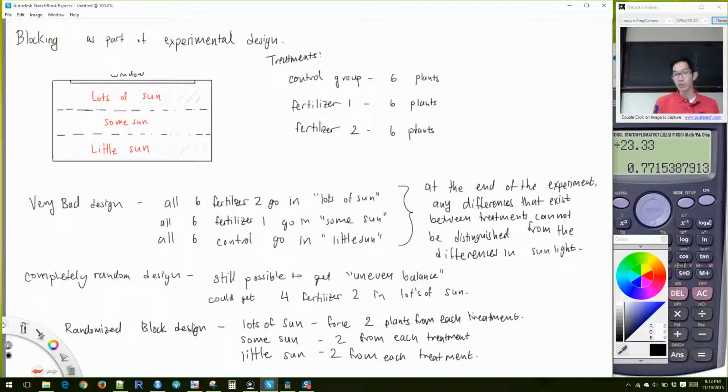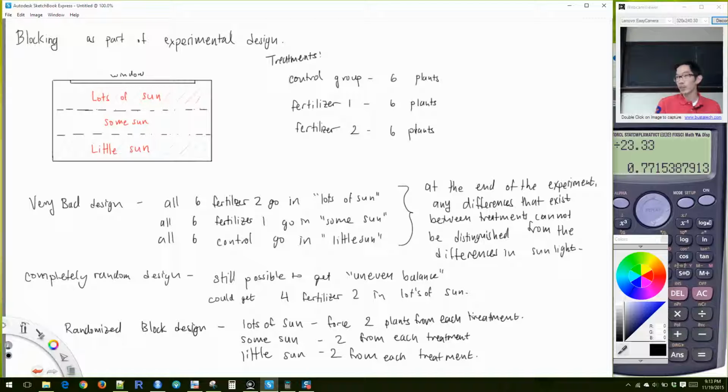We would just have one plant with fertilizer 1 in the lots of sun area and one plant from fertilizer 1 in the some sun area. And you don't know if that plant that happened to grow the most is a fluke, like just this plant was extraordinarily unusual, or if it's the effect of the sun or the fertilizer, okay?